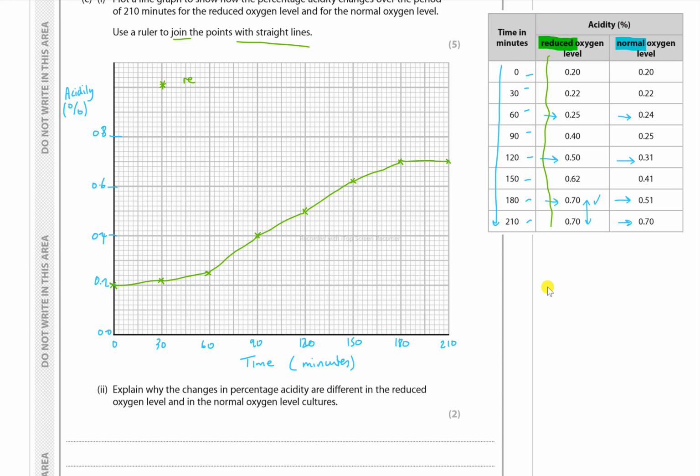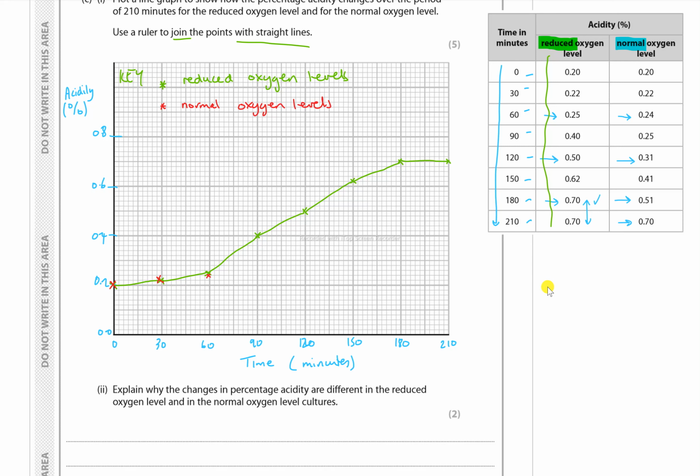Right, so we need to write a key. So this is reduced oxygen levels. So this is a key. Let's use a red one then for normal oxygen levels. Right, 0.2. It goes to 0.22, 0.24.